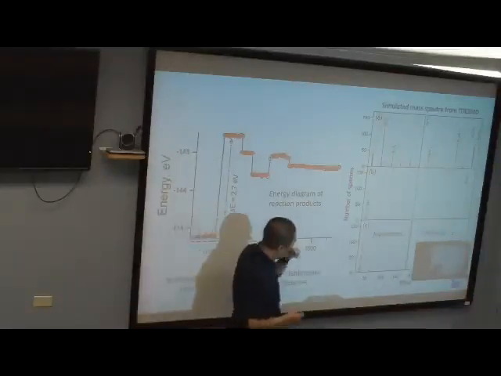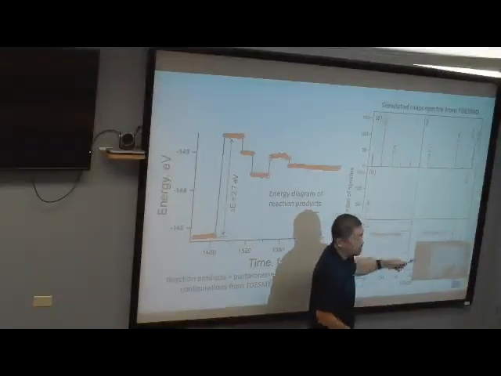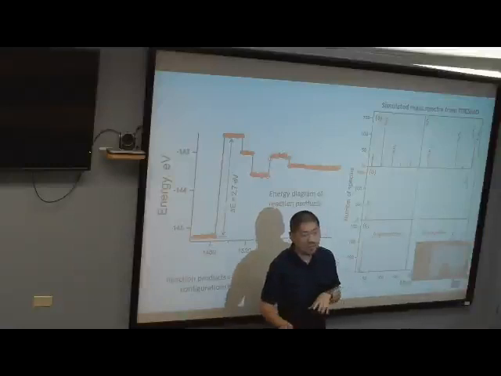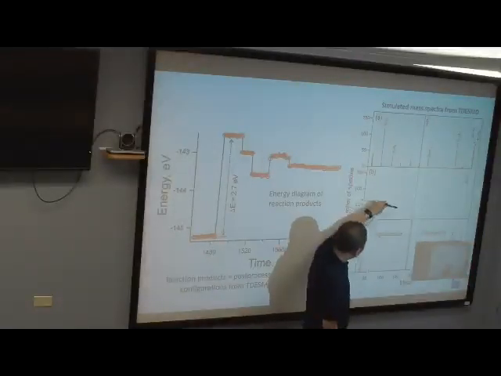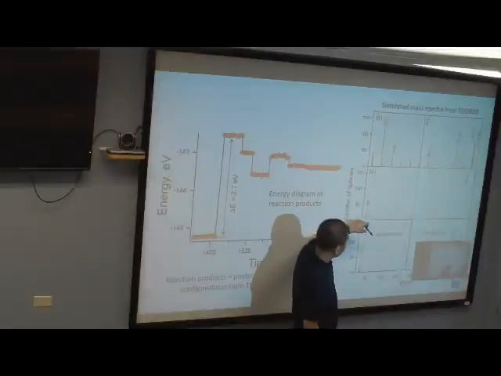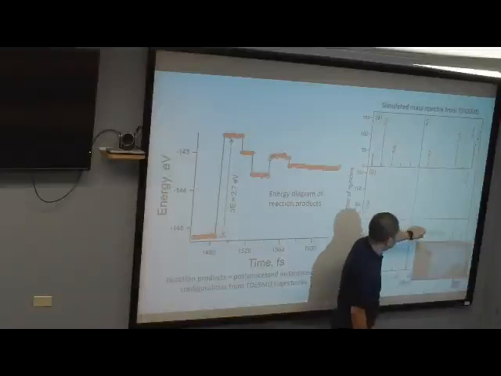Basically, the most intense peak is the monomer. This is because most of the reactions happen in the second half of the trajectory. But features in this band correspond to fragmentation, and features in this band correspond to the dimerization.